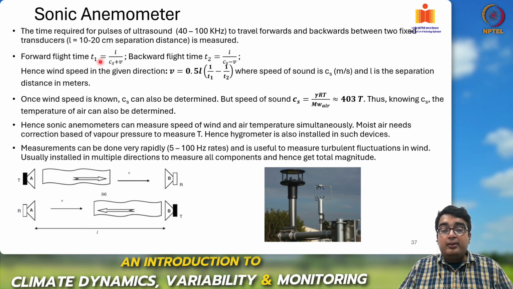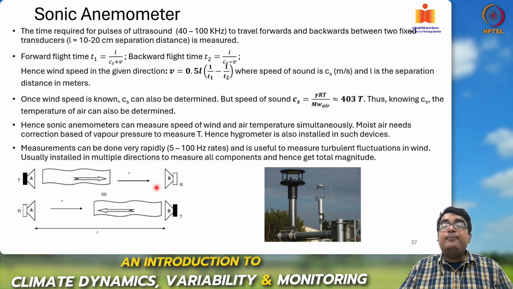So T1, the time it takes for the sound to move from A to B, is the distance L by Cs plus V, and T2, the time required for the reflected sound to move from B to A, is L by Cs minus V. You take these two together and you solve for V to get L by 2 into 1 by T1 minus 1 by T2 as the speed of sound.